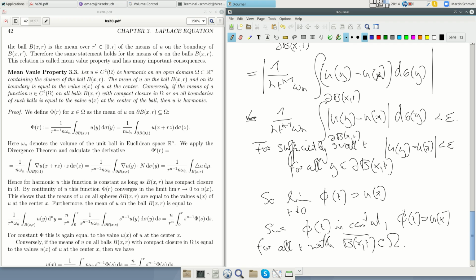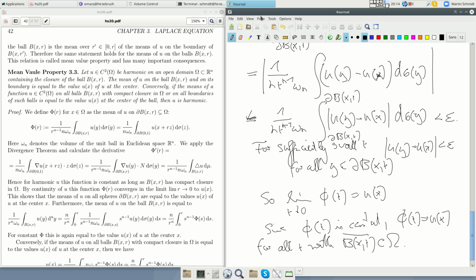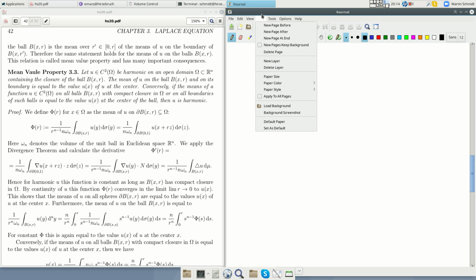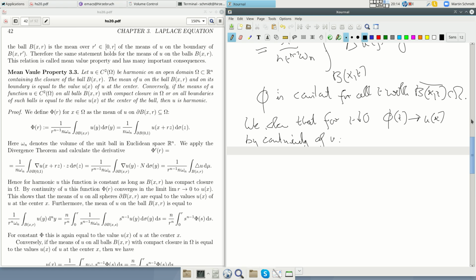We proved the mean value property for the means over the boundary of the balls. Now we want to prove also the second part, the means over the balls.